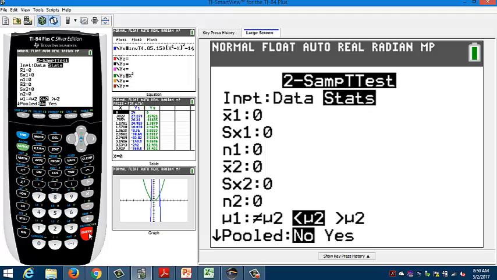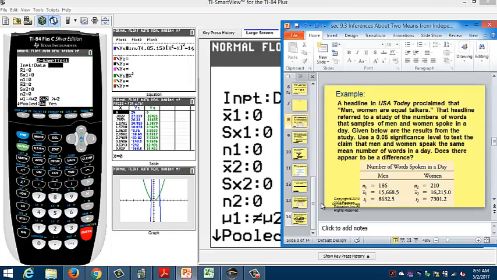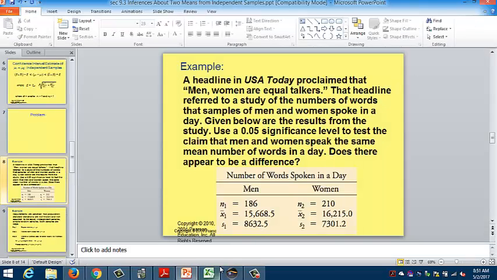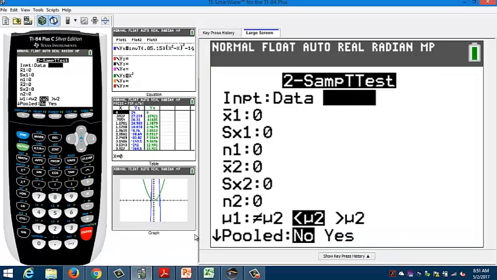Okay, do we have data or stats? Those are stats, right? All this, those are statistics they gave me right there. Okay, so I'm going to go ahead and start entering some stats. X1. Let's see.